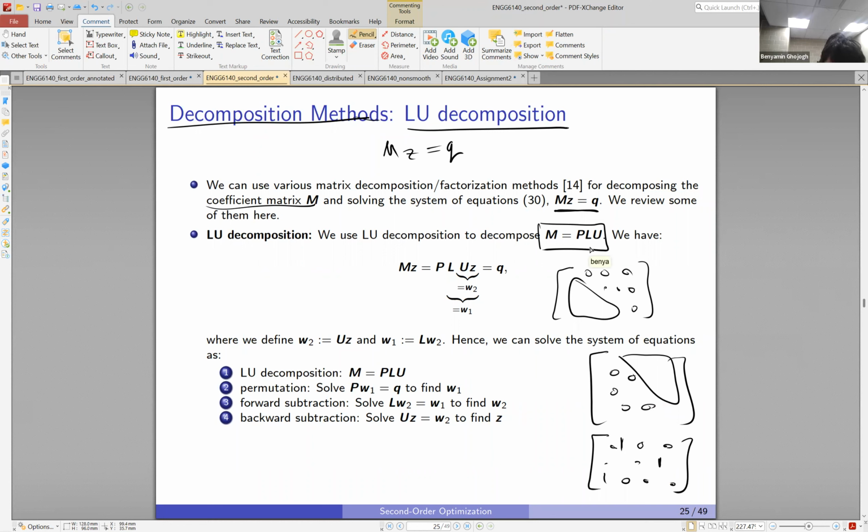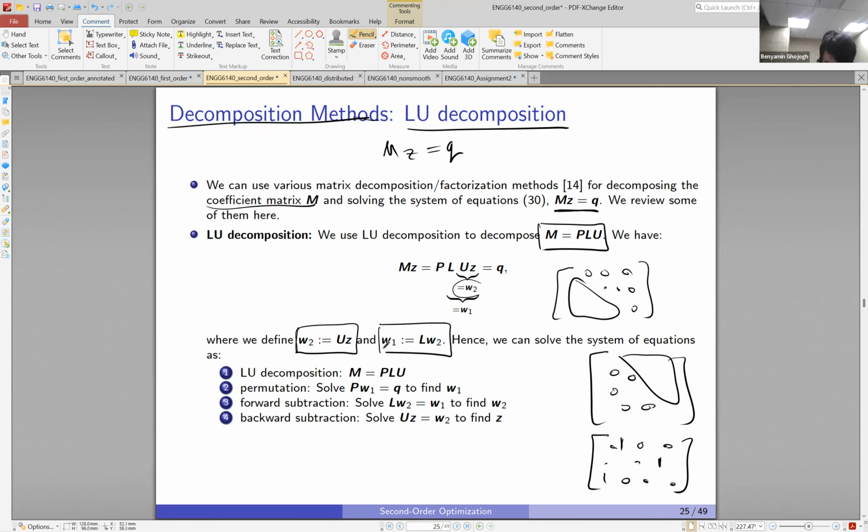If we decompose it into PLU, there are some algorithms for this decomposition. You can replace M with PLU, then I can take UZ as W2, and I can take LW2, which is LUZ, as W1.